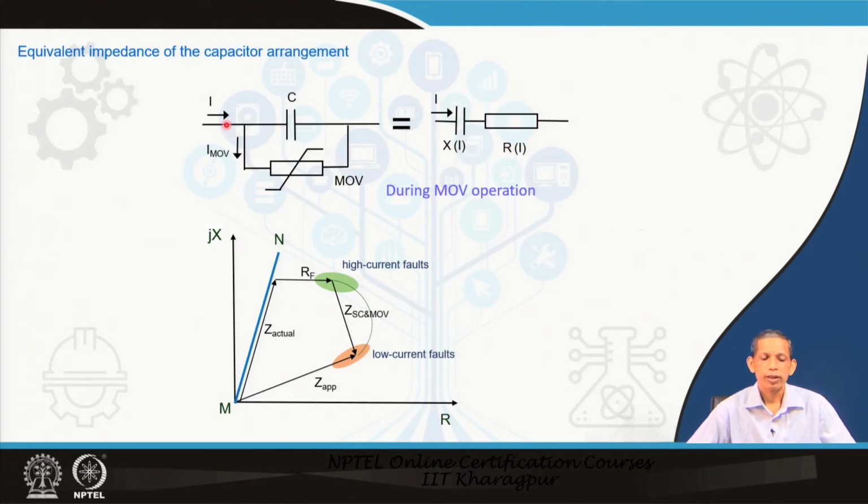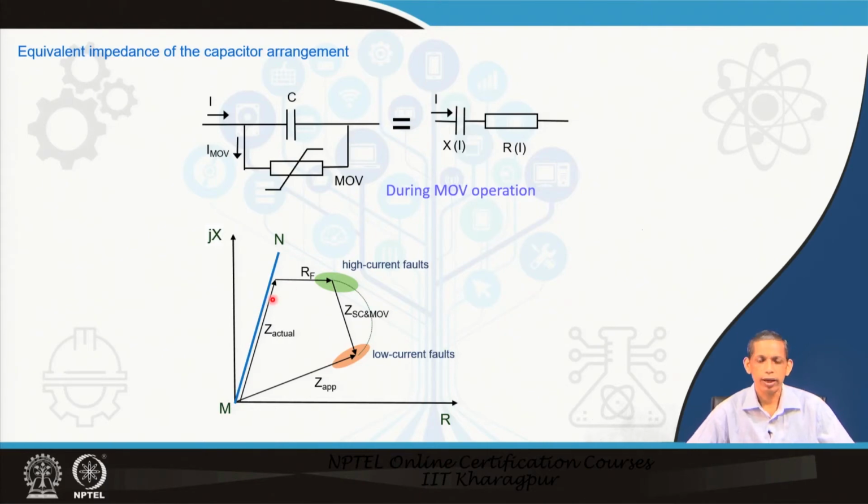Note that if the current is small, the current through the MOV is 0, only the C functions, so there is no R in that part. That means the impedance offered by this arrangement when the MOV is operational is a function of current.